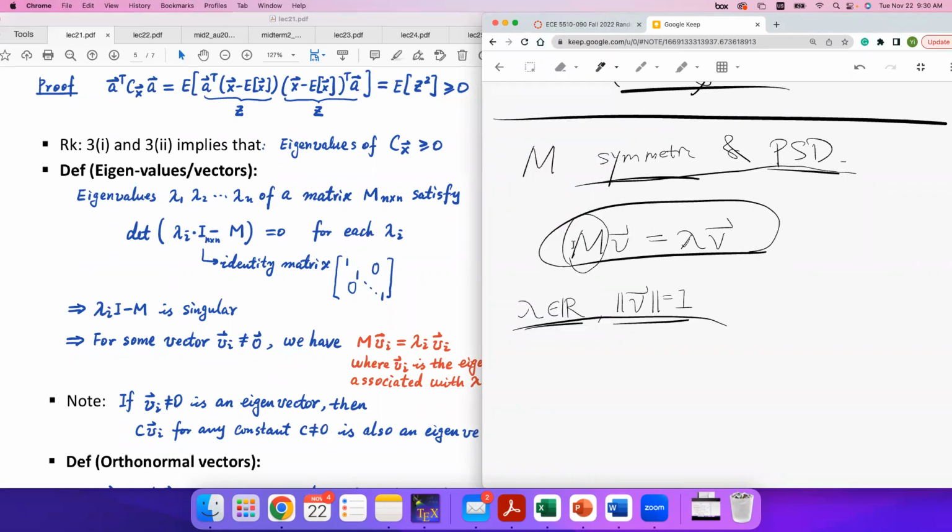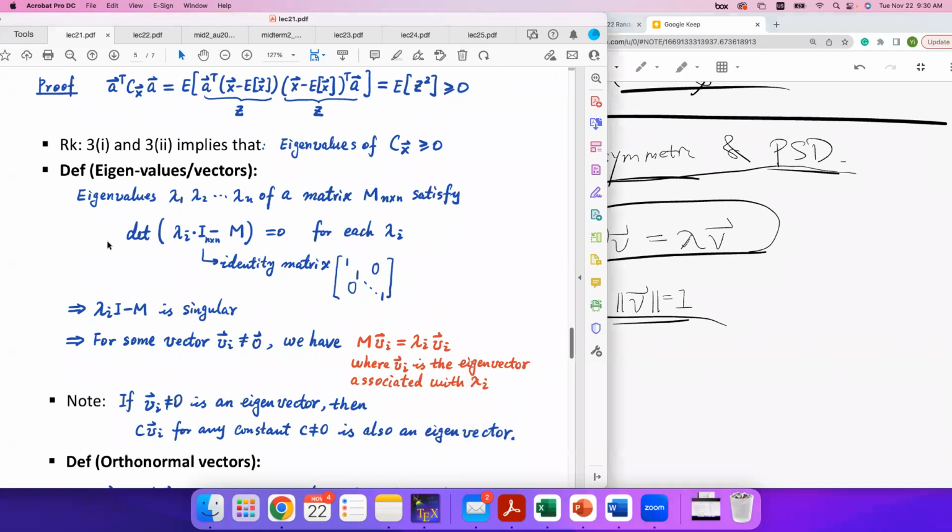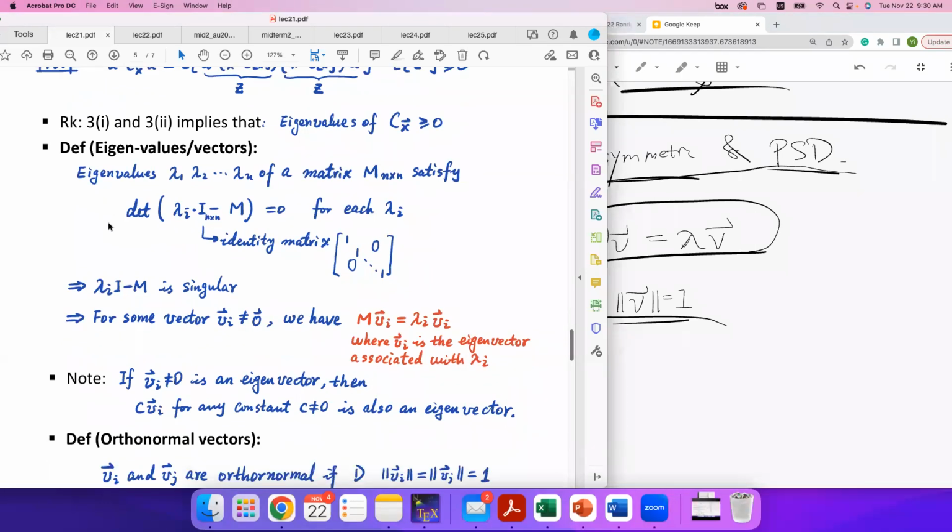So there are a lot of ways to find these eigenvalues and eigenvectors. I think if you take linear algebra, you should be very familiar with those. Basically, it reduces to solving such a linear equation. I will not go over these details because we will not solve these equations in this class.